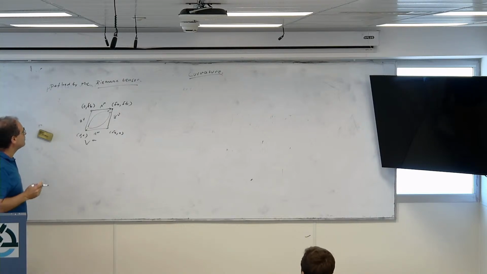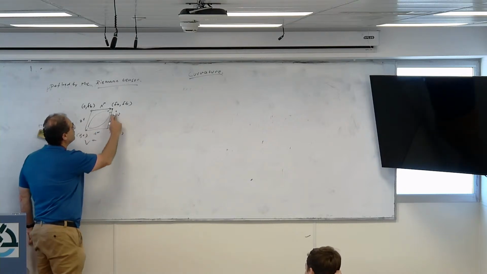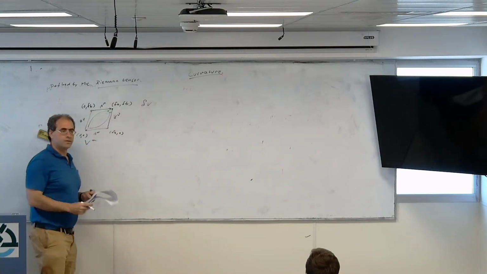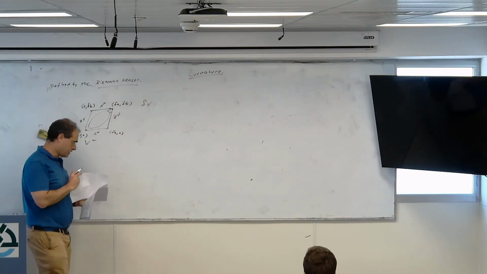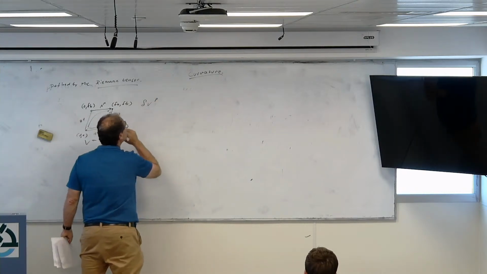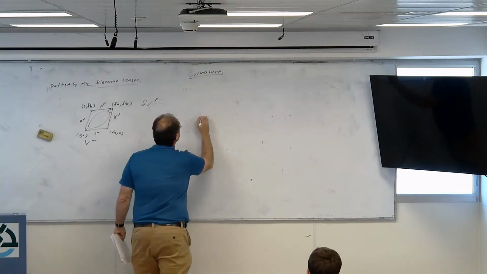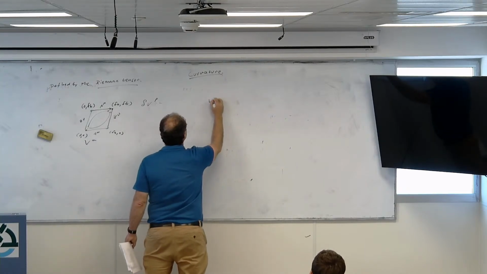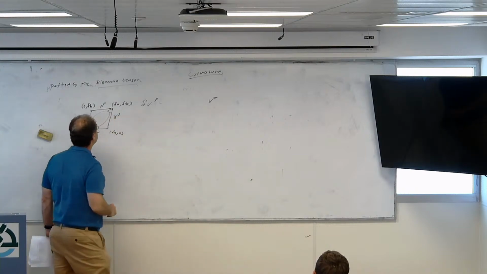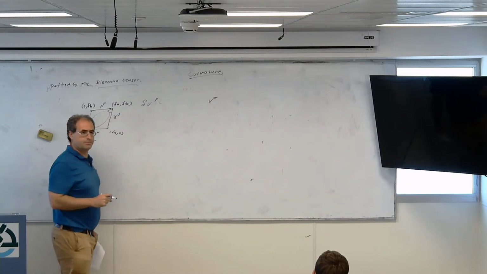Now there will be a tensor. The difference here would be some delta V. To be precise, let's call it delta V rho. We have V sigma, this is a vector, so it should be linear in V sigma.